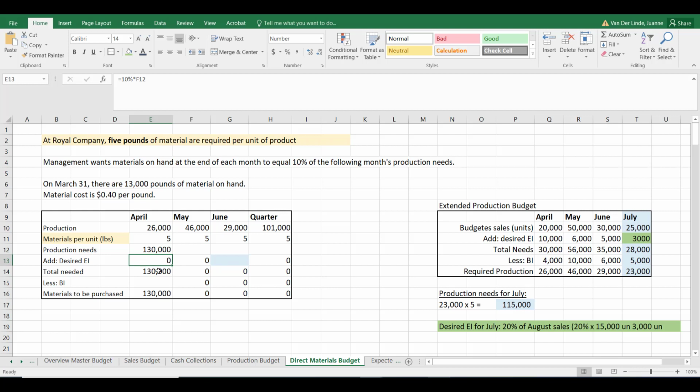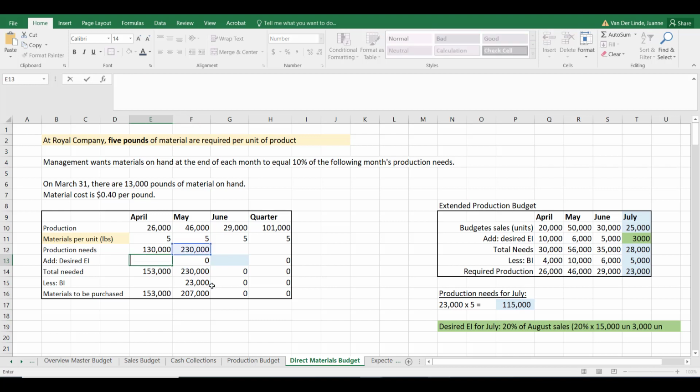But what's the desired ending inventory in terms of materials? Well, we know that management wants to end each month with 10% of the following month's production needs. So the first thing we would have to do is find out what the production needs are for May. So let's first find out all the production needs for each month and then for the quarter. In May, I will need to produce 46,000 units and each unit requires 5 pounds of material. So I will need 230,000 pounds of material.